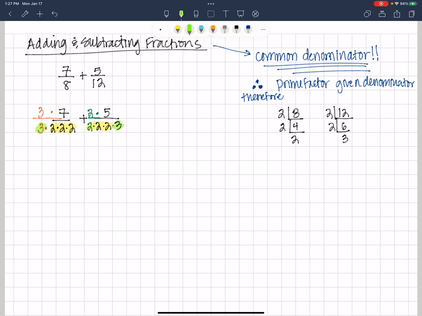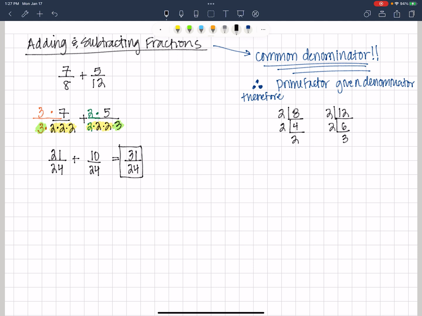So 2 times 2 times 2 is 8, times 3 is 24. So this fraction becomes 21 over 24. And the second fraction becomes 10 over 24. And 21 over 24 plus 10 over 24 is 31 over 24. And that's how you add 2 fractions together.